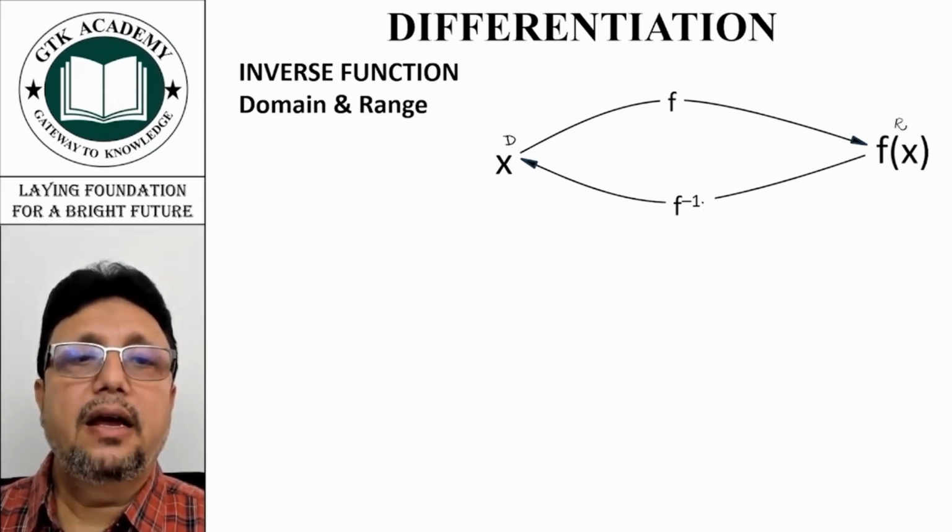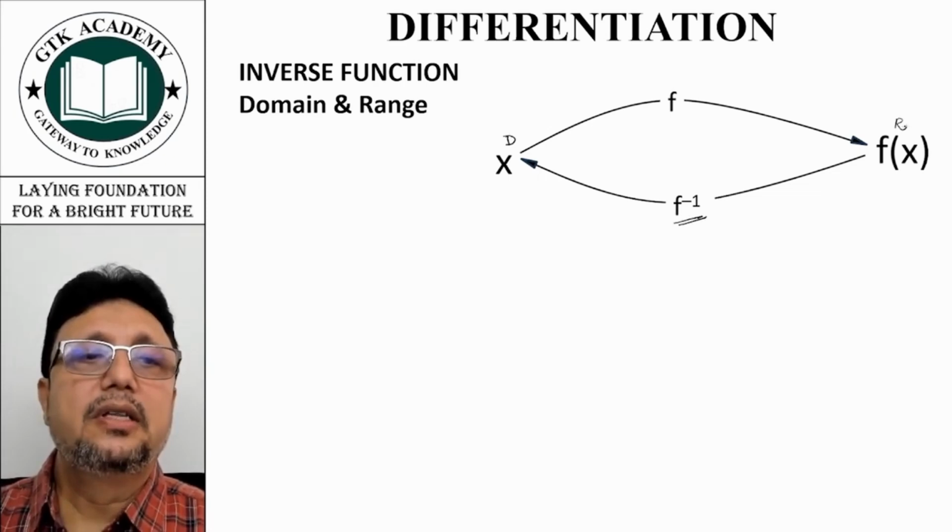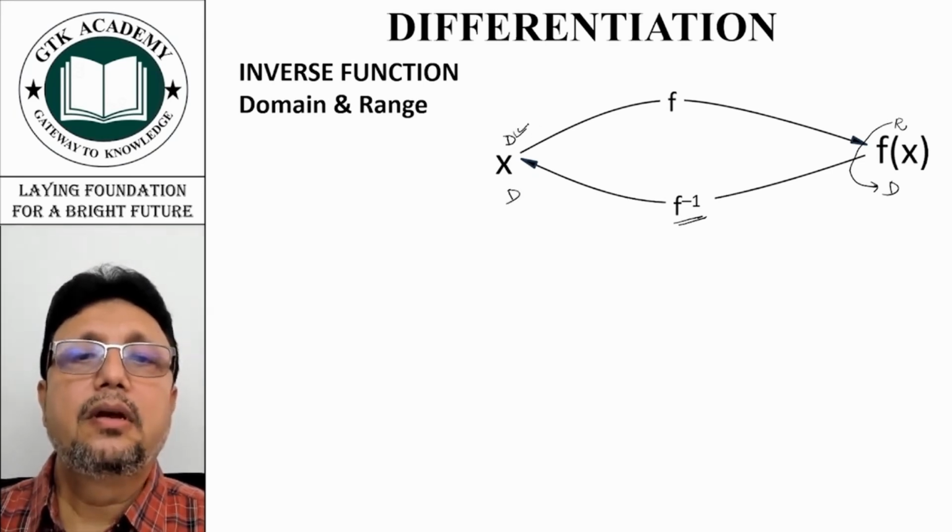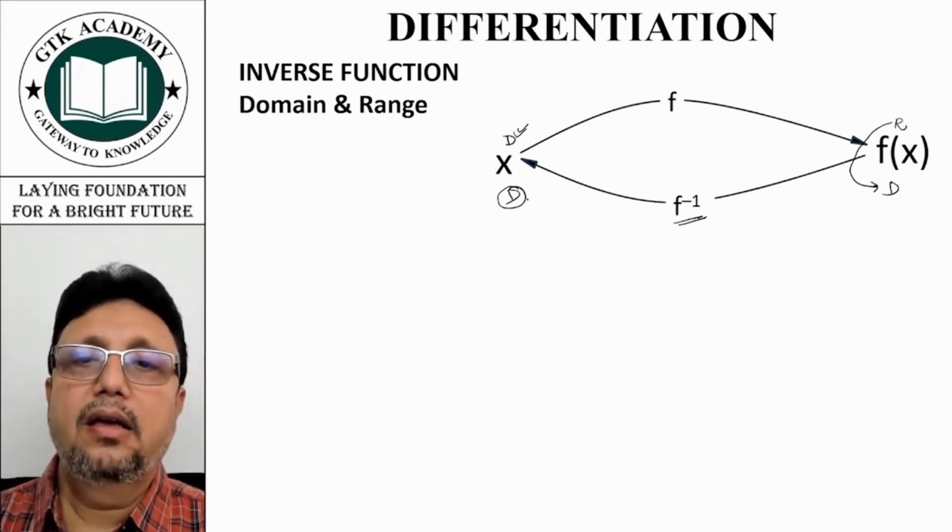Now for this inverse function, this range becomes the domain because it is the input, and finally you get the domain here, so that is the output here because it's going to take you back.